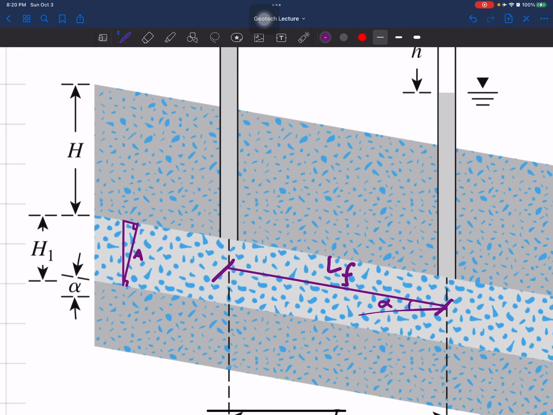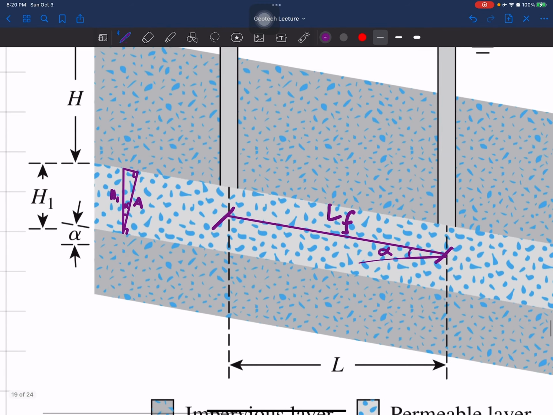This will be alpha. Tapos, this is H1. Ayan. So, yung triangle natin, ganito ang itsura. This is alpha, and this is your A, and this is your H1.